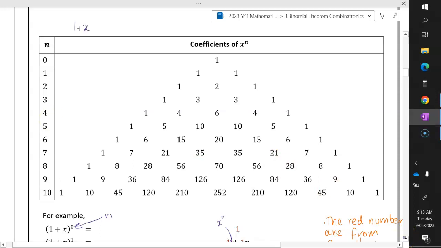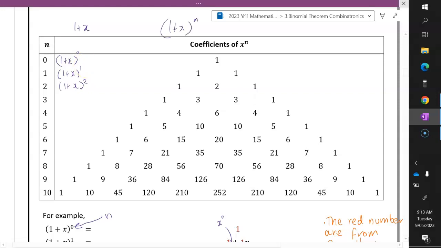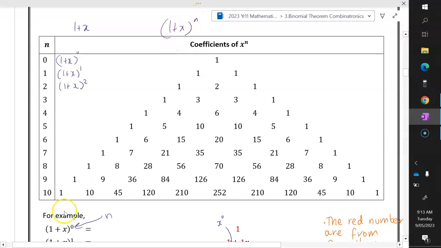So we're going to have a look at finding (1 plus x) to the power of 0, (1 plus x) to the power of 1, and the powers are going to line up with the number for n on the left-hand side here. In that case, our n is going to be 2. As I said, it can go infinitely, so we're going to be able to find (1 plus x) to the n for any n value that we want. Today, we're going to find it with the triangle.